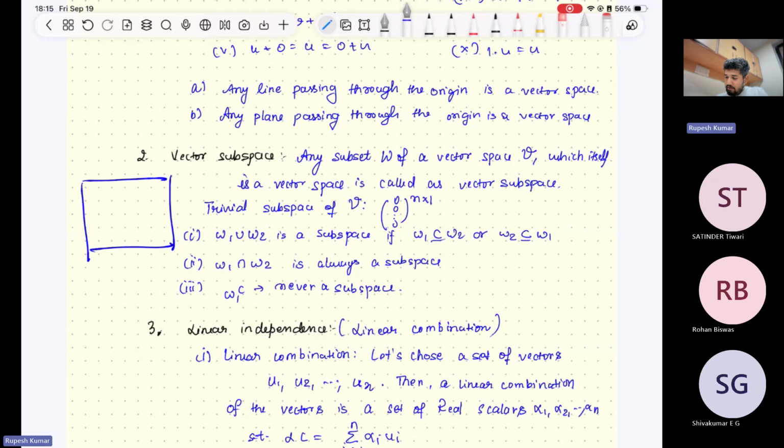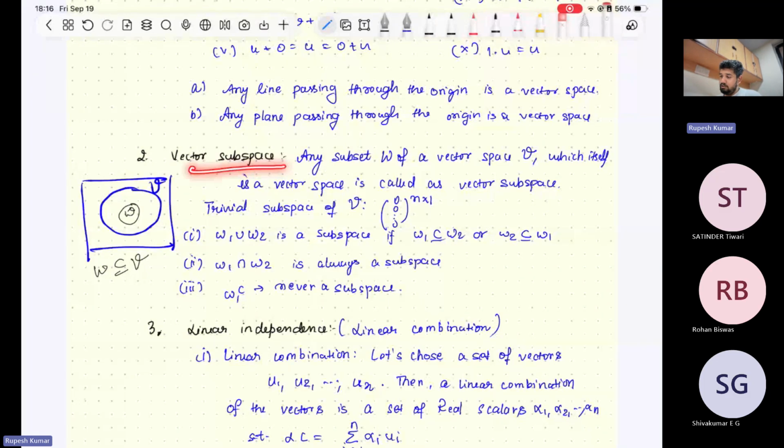You have this vector space V, and you define another set W here. If W satisfies all the properties of a vector space, then W is a vector subspace. Basically, it is known as a vector subspace, a new term, right?